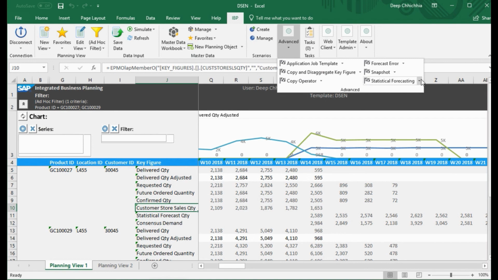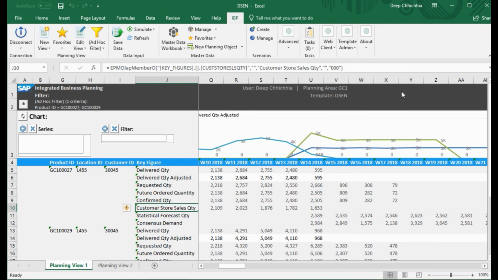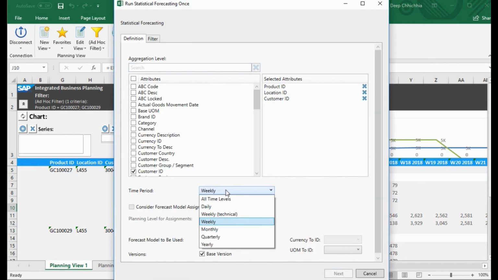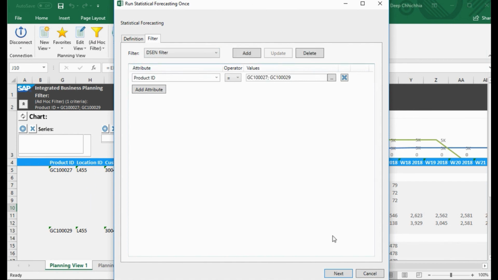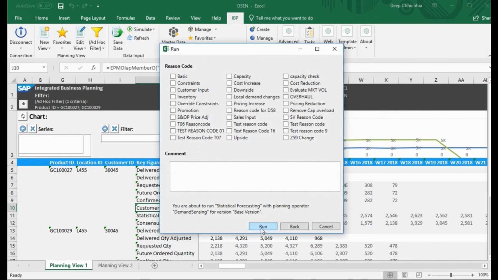So now let's just run our demand sensing algorithm. The periodicity is daily, and I'll filter for my products.